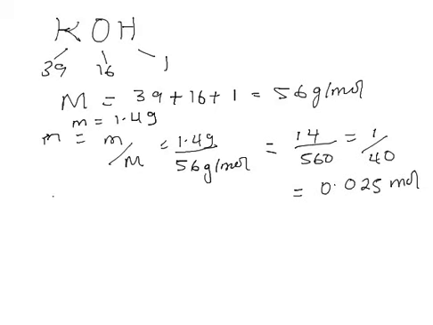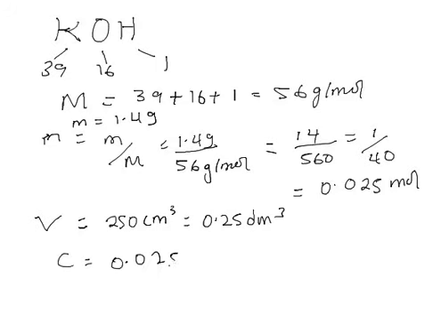As for your volume, you were given a volume of 250 centimeter cube. That's 0.25 dm cube. Therefore, your concentration is going to be 0.025 divided by 0.25. Of course, you can see that this is a multiple of this.